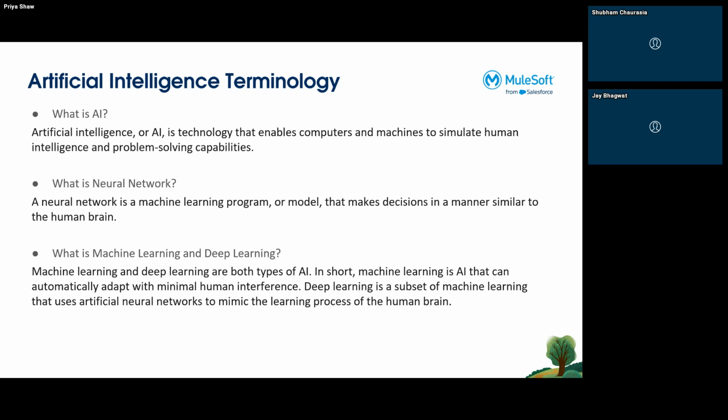Artificial intelligence is a technology that enables computers and machines to simulate human intelligence and problem solving capabilities. You can understand AI as something that can perform all our tasks that would otherwise require human intervention or human intelligence. There are a lot of examples of AI around us.